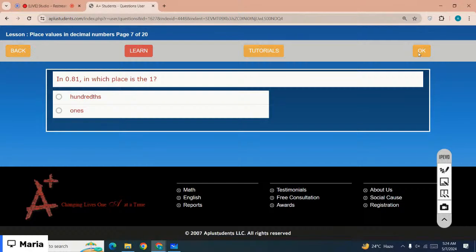When you have to see the place value of a digit after the decimal point, keep this very important point in your mind: the place value must have the th with them, right? So 1 is at the hundredths place. The correct option is option number 1.